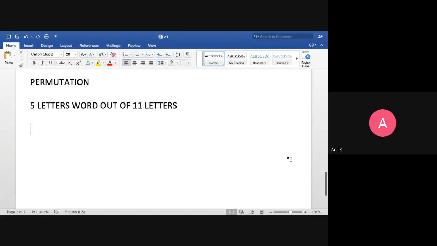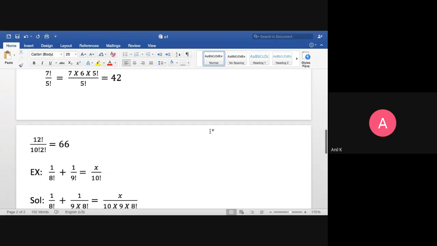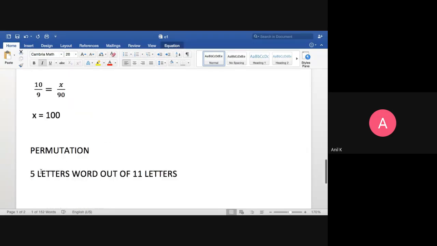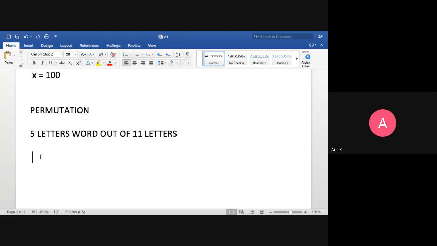According to my permutation formula, it should be 11P5. So let me copy that formula. Here nP5 is equal to, here n value is going to be 11, r value is going to be 5, but there will be a difference here. I'm not going to use exactly nPr.